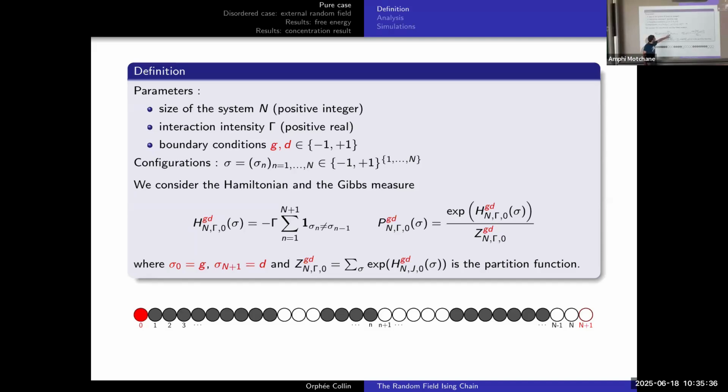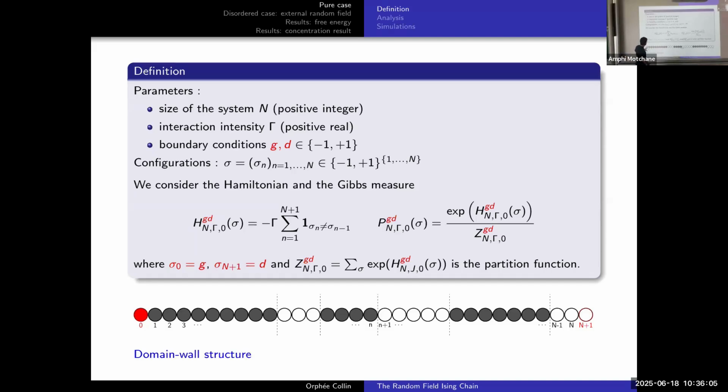The case n equals 1 has the indicator that there is a spin change between 0 and 1, and the case n equals capital N plus 1 counts the presence of a wall between N and N plus 1. So I'm going to give a quick analysis of this model.